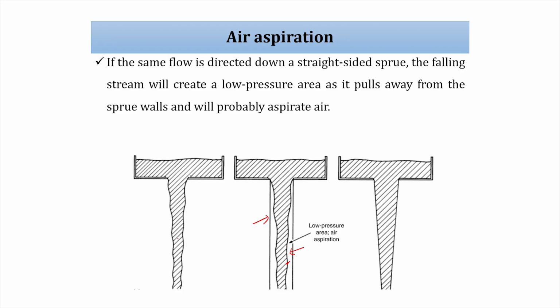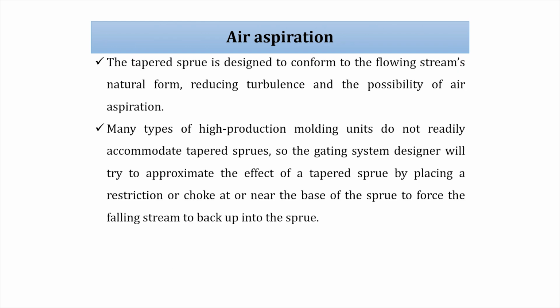So if this is the nature, then a straight sprue will be a problem. The best will be to make it like this. We will understand why we need a taper sprue. Is taper really the ideal condition, and what will be the position? The tapered sprue is designed to conform to the natural form of the flow stream, reducing turbulence and the possibility of air aspiration.